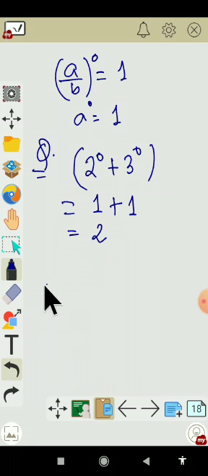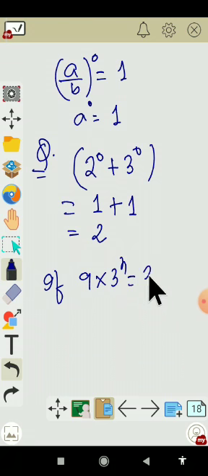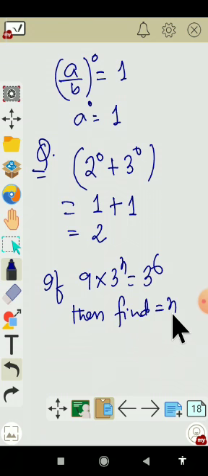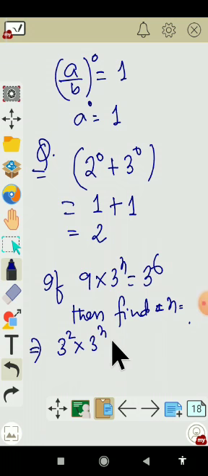And one more: if 9 into 3 to the power n equal to 3 to the power 6, then find n. What will be the value of n? What we have to do here is write in powers. So 9 is 3 square, and the bases are the same, so the powers will be added to each other.